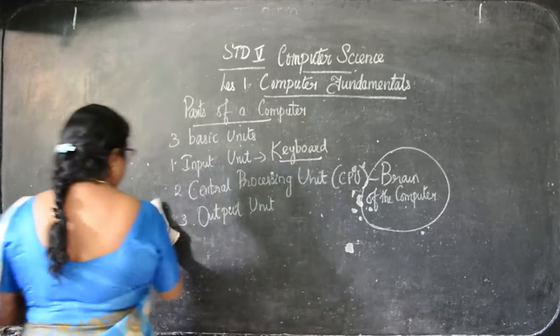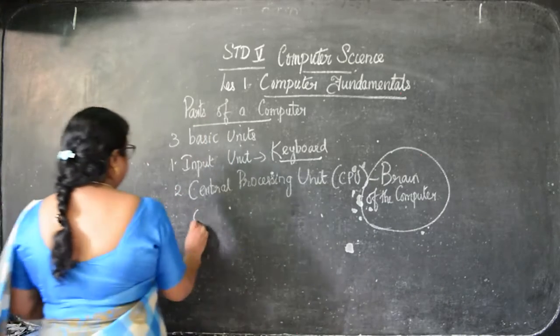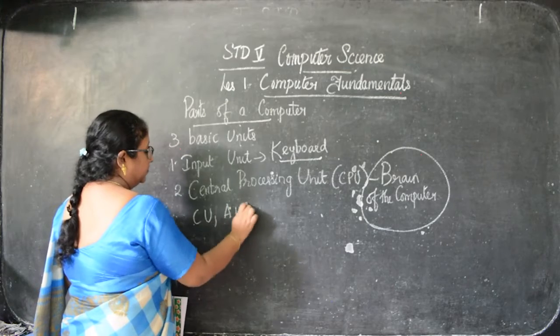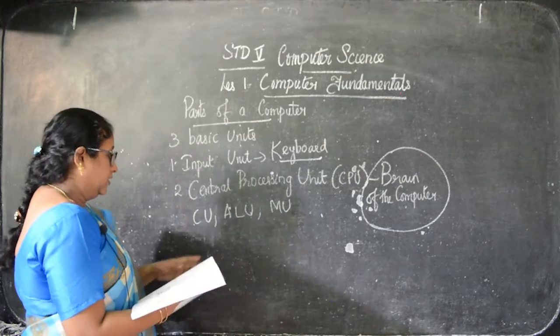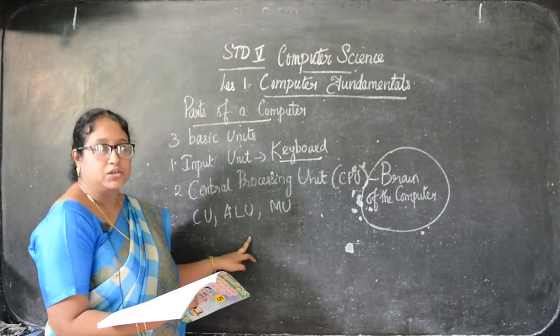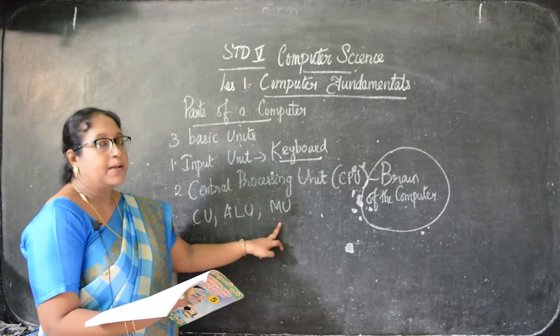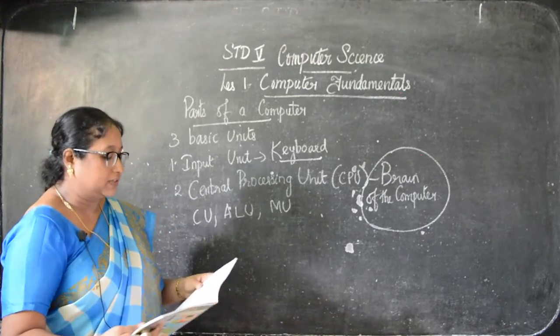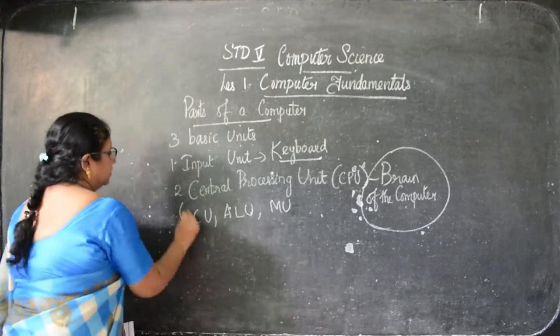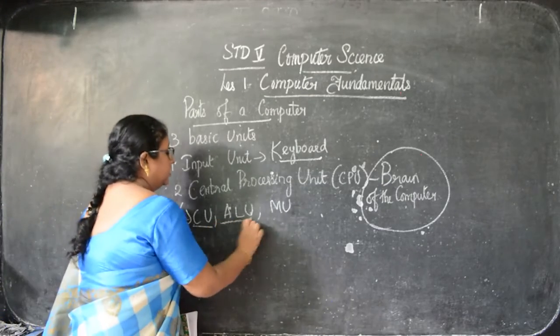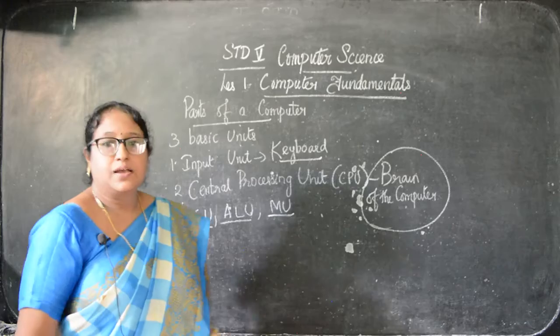CU, ALU, and MU. What is CU? Control unit. Then ALU is the arithmetic logic unit, and MU is the memory unit. Okay, children, so what does the CPU consist of? The CPU consists of the control unit, arithmetic logic unit, and the memory unit.